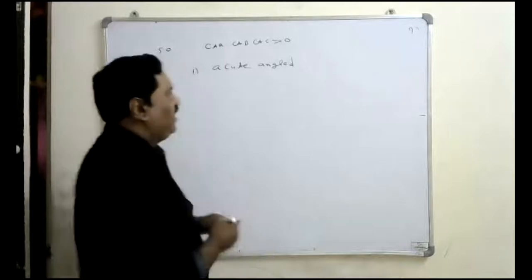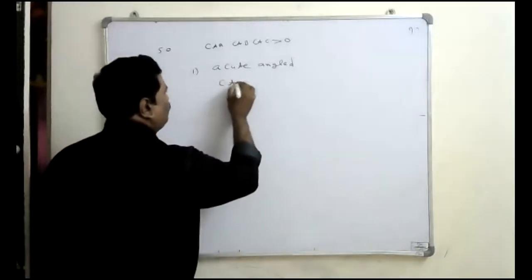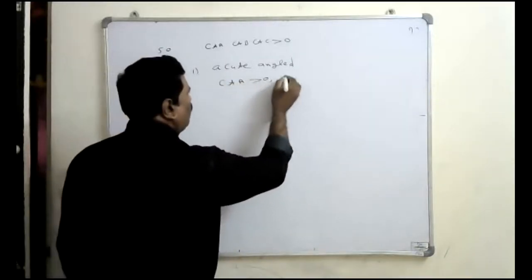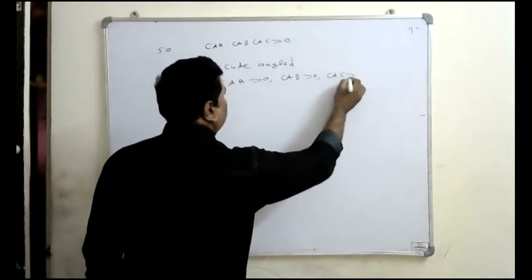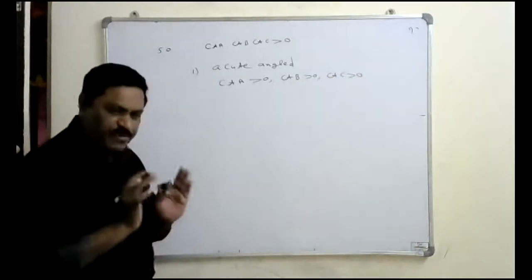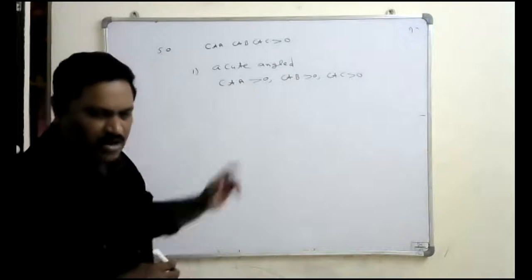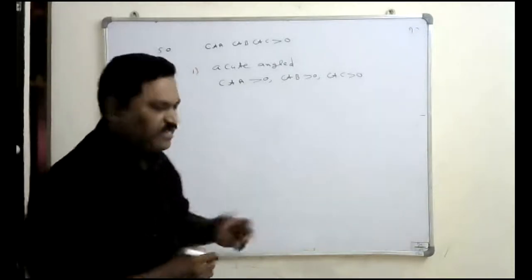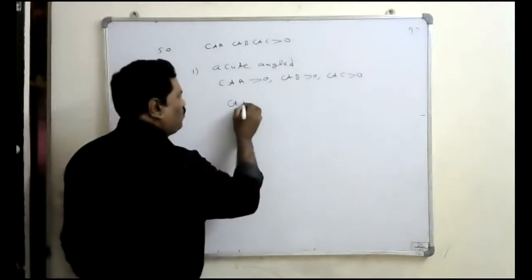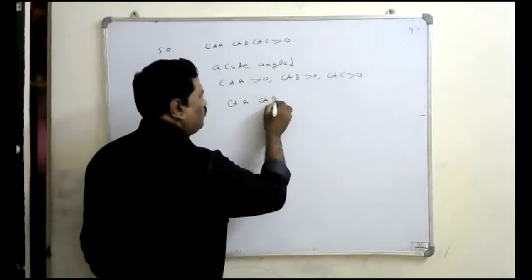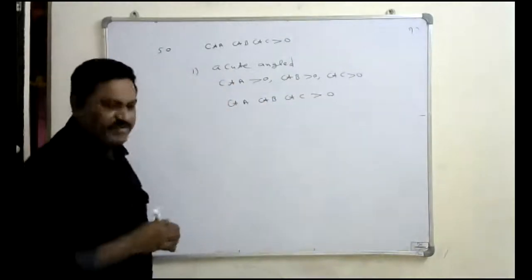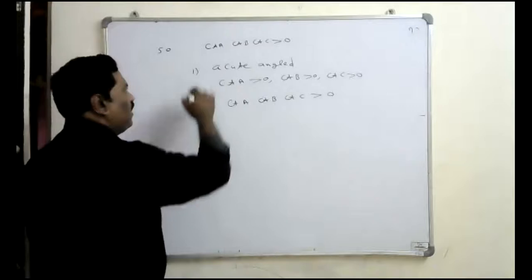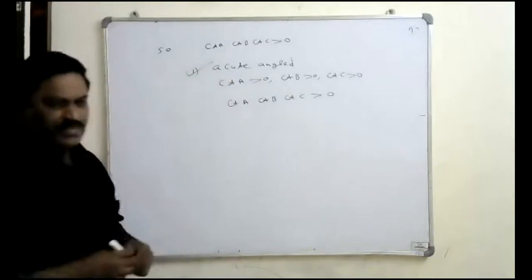So in the first quadrant, cot A is positive, cot B positive, cot C also positive. So all three terms compulsorily are positive. If you multiply them, cot A into cot B into cot C is also positive, and this is the condition given. Therefore, here the answer is acute angle triangle.